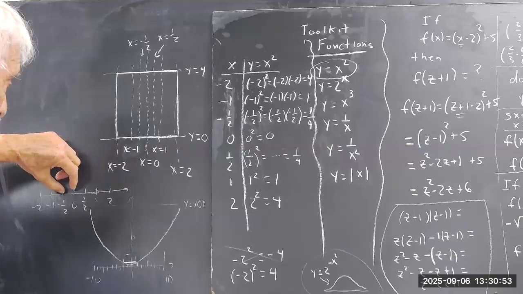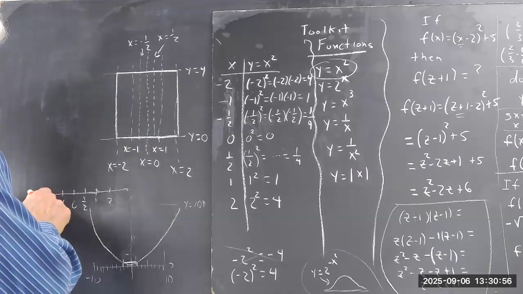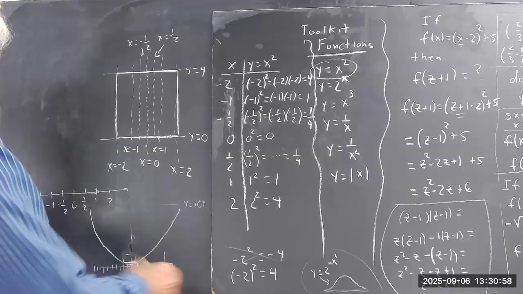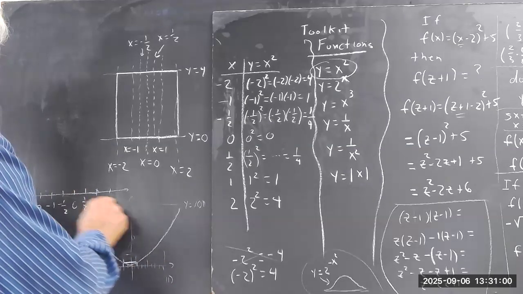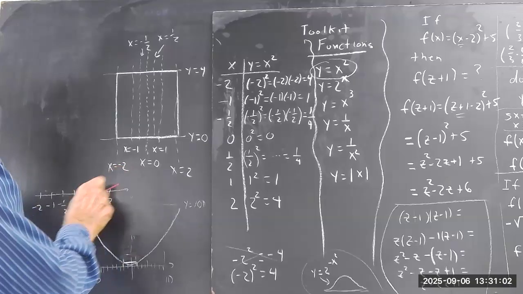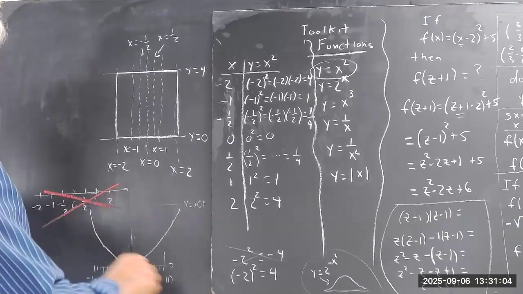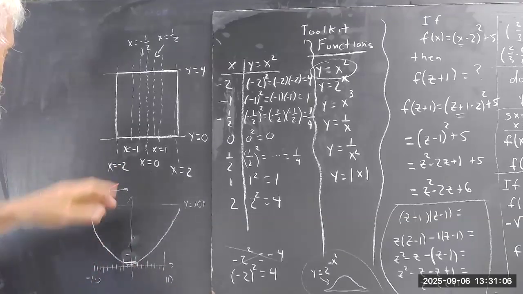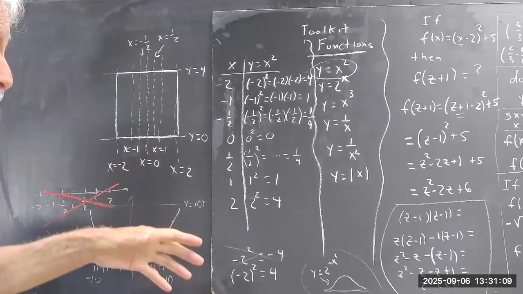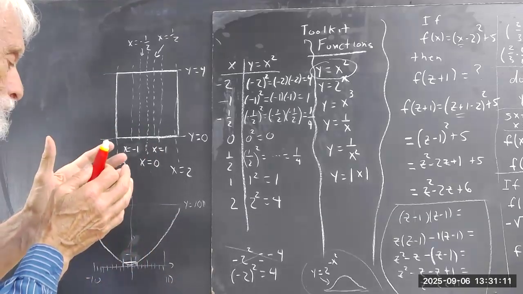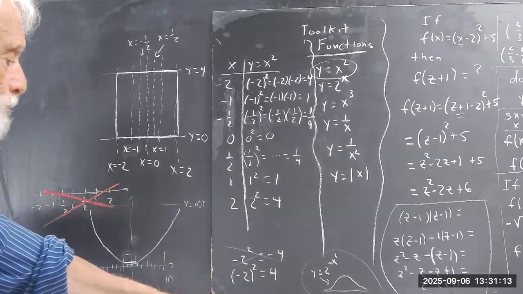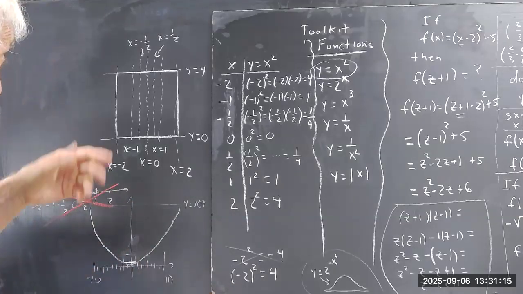No, that's only half the distance. So this is not right. So we cross this out. Okay, we don't do that. I like subdividing these intervals so that we don't get poorly constructed, distorted graphs that don't look like they should.